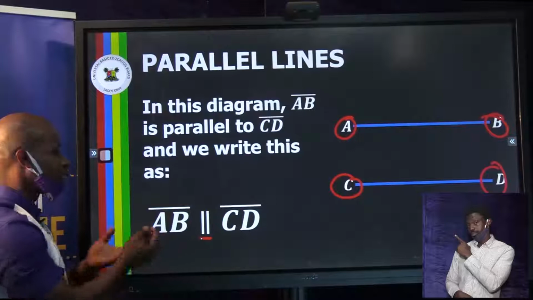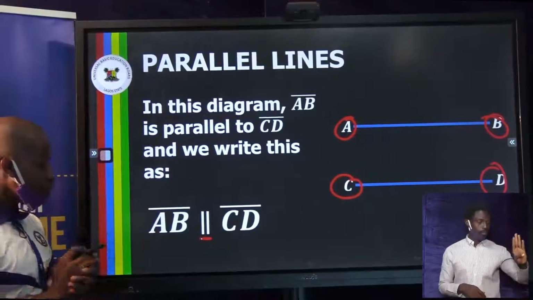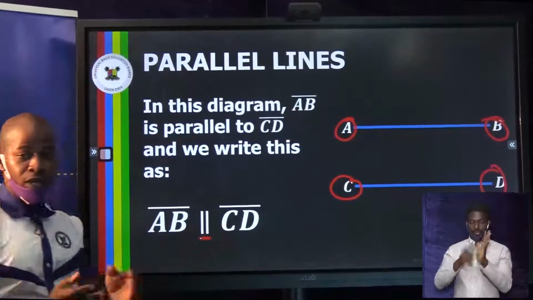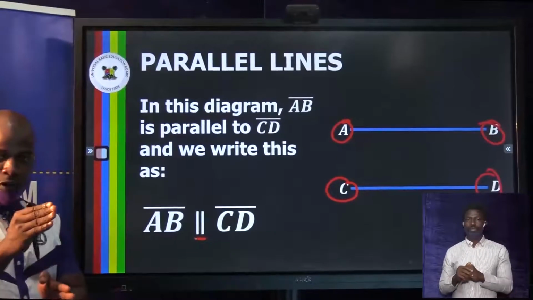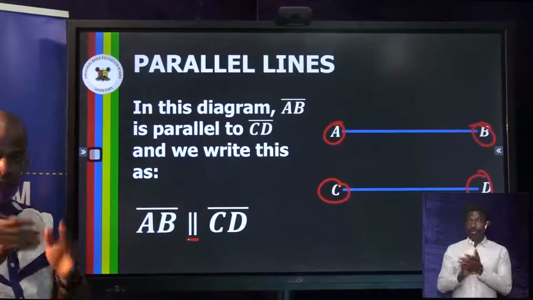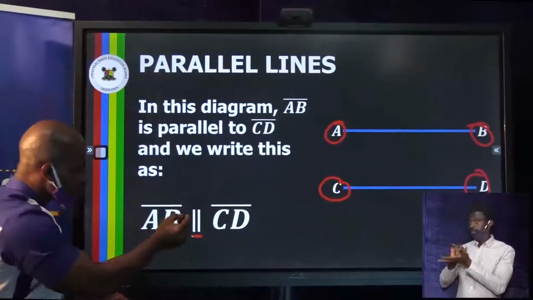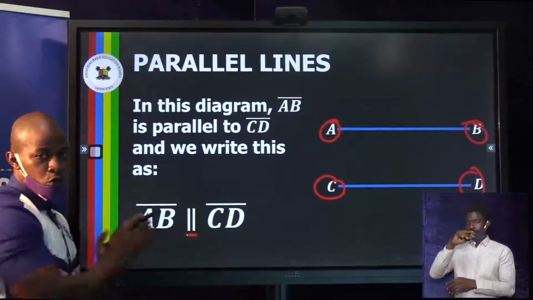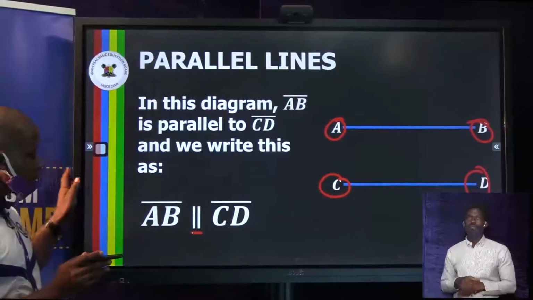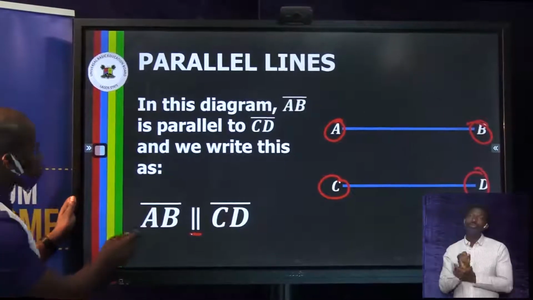AB, and you see a line, that means a line connecting A and B. CD means a line connecting C and D. And you see this symbol between, like an equality sign that has been rotated 90 degrees or something. This means parallel. So that means that AB is parallel to CD, in case you see it in your books.